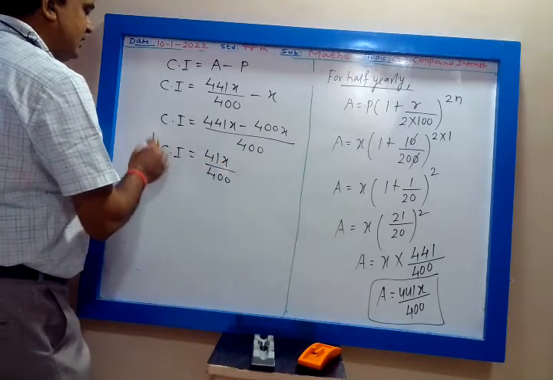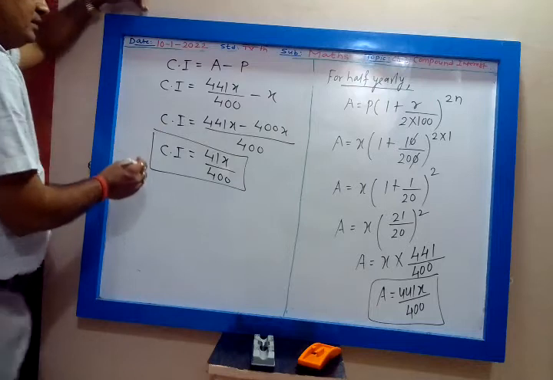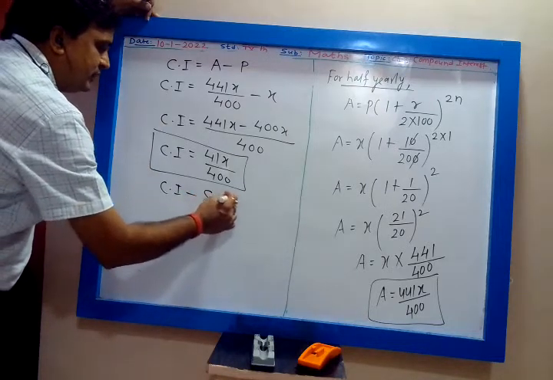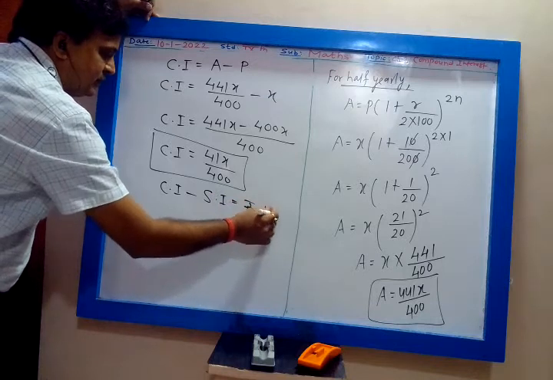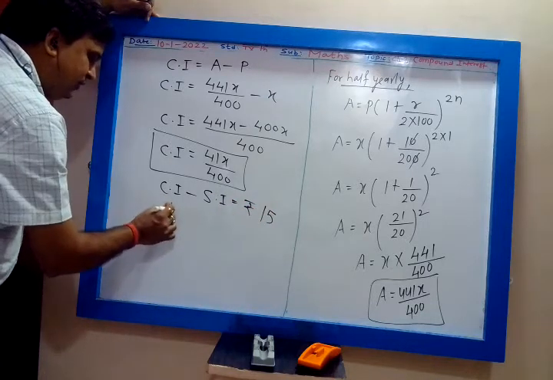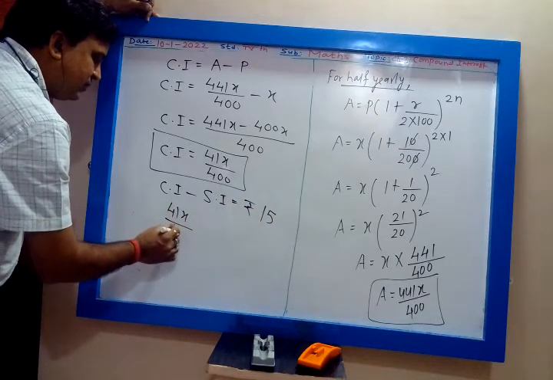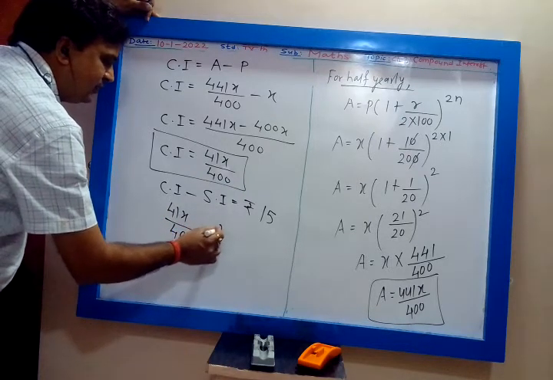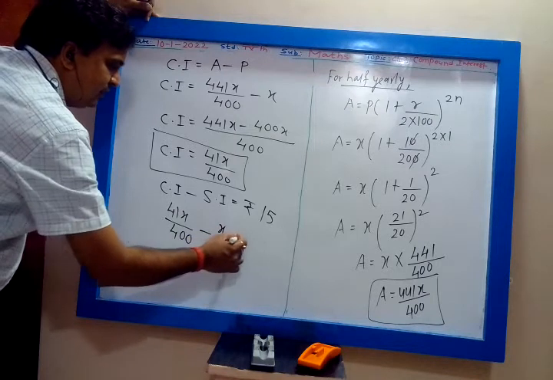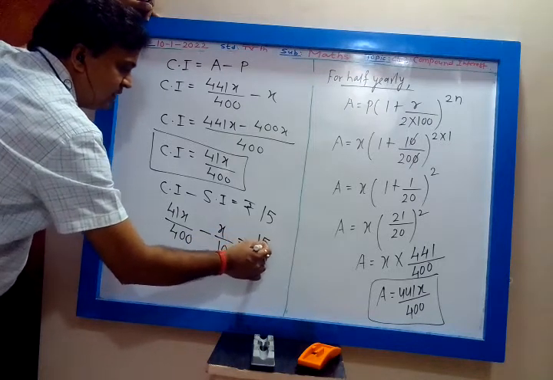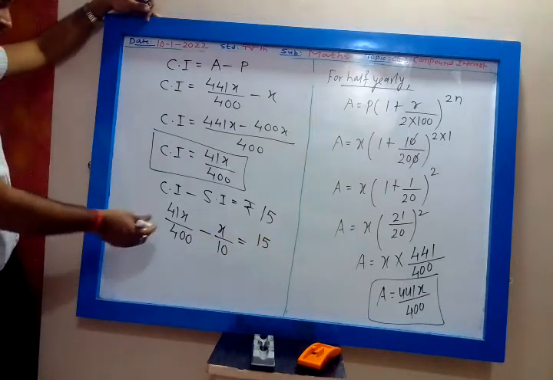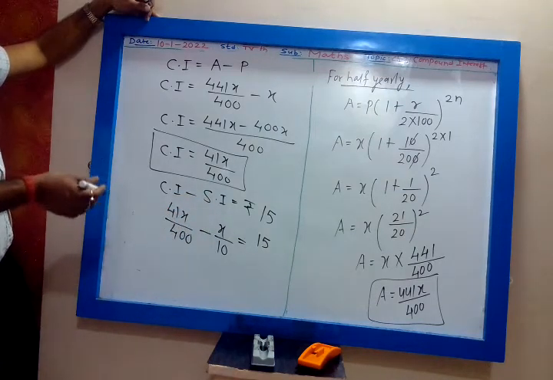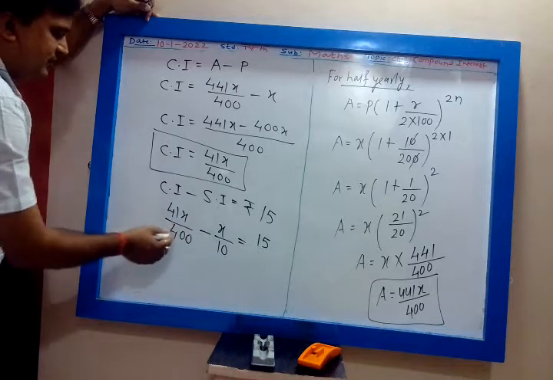Now the difference of CI and SI is given as 15 rupees. So CI, 41x upon 400, minus SI, which is X upon 10, is equal to 15 rupees. Subtraction of two fractions, so we take the LCM. Multiply X upon 10 by 40 to get 40x upon 400.